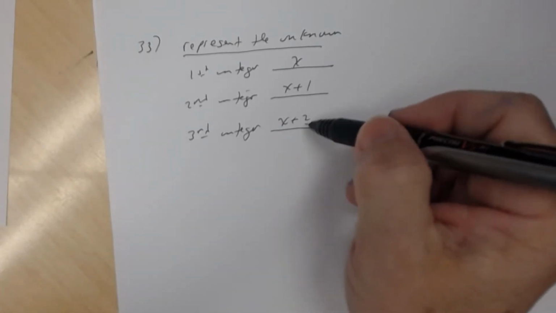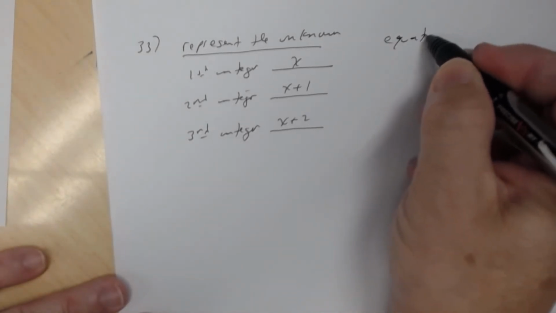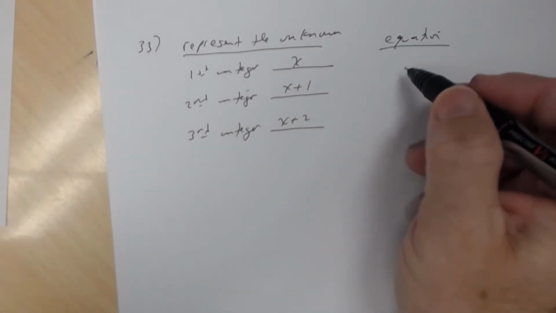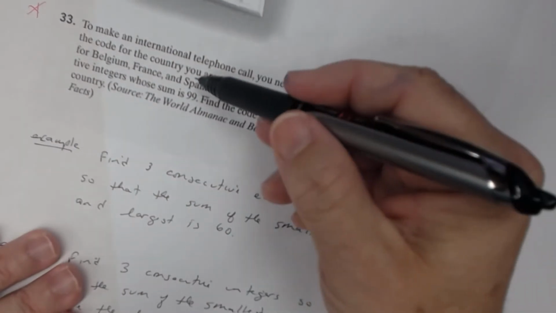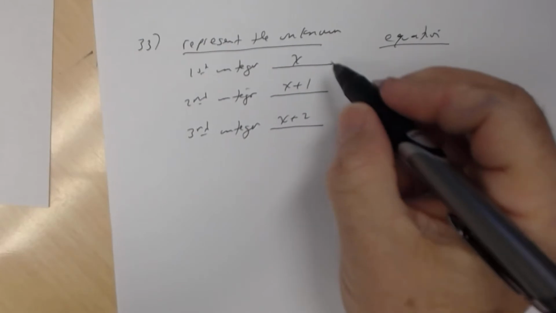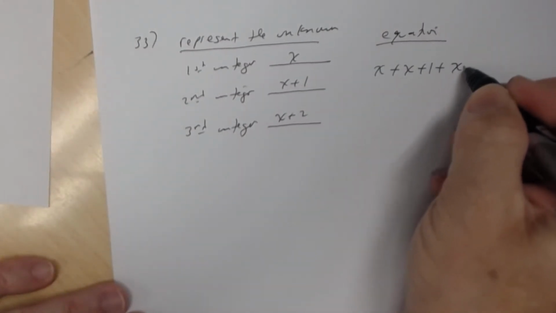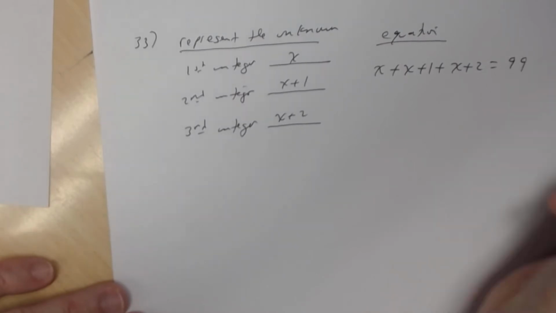Okay, so that's how you deal with this. All right, now the equation. Okay, so you're told that the sum is 99. So you're going to add these up. So x, the first integer, plus the second integer, plus the third integer has to equal 99.